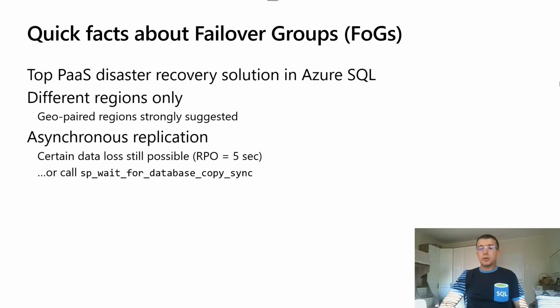It's really important to understand that, due to the fact that Failover Groups work across different regions, they use asynchronous replication, which means that a certain data loss is still possible with Failover Groups. The recovery point objective, RPO, of Azure SQL, for both SQL Database and Managed Instance, is 5 seconds.